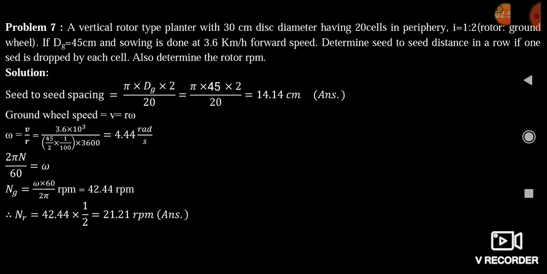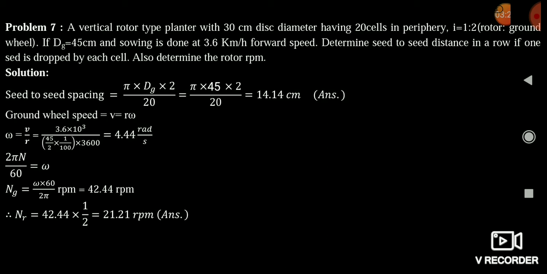So seed spacing has a relationship with the ground wheel, not with the rotor wheel. Means the rotor wheel is present inside the seed drill or inside the planter, but the ground wheel will be present on the ground. So whenever they are asking seed spacing, you clearly understand that seed spacing we are going to calculate on the basis of ground wheel.